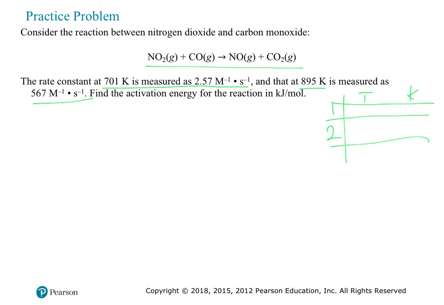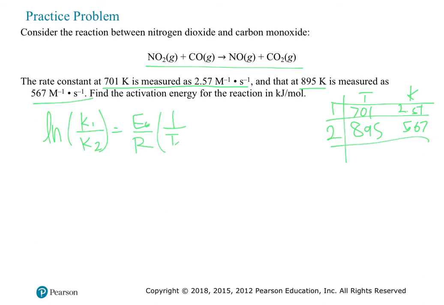So let's just do temperature 1 is 701 Kelvin, and our K is 2.57. And then we have at 895 Kelvin, a rate constant of 567. That's a lot nicer numbers than the last example. So we could use our equation, ln of K1 over K2 equals activation energy over R times 1 over T2 minus 1 over T1.